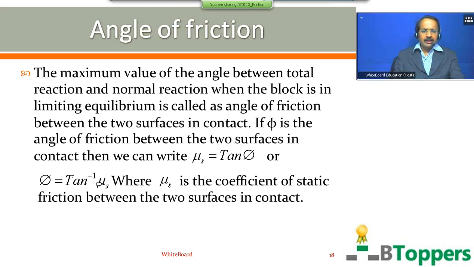If phi is the angle of friction between the two surfaces in contact, then we can write mu_s equal to tan phi, or phi equal to tan inverse mu_s, where mu_s is the coefficient of static friction between the two surfaces in contact.